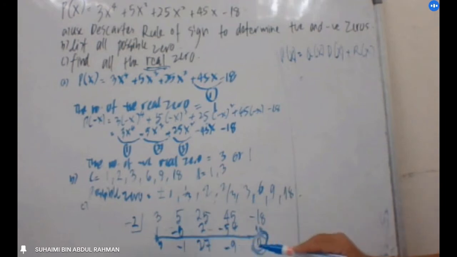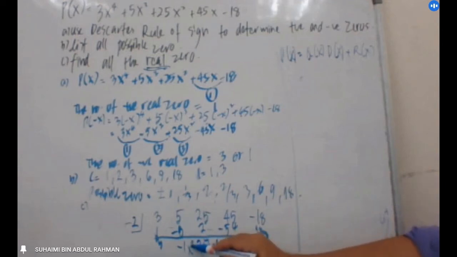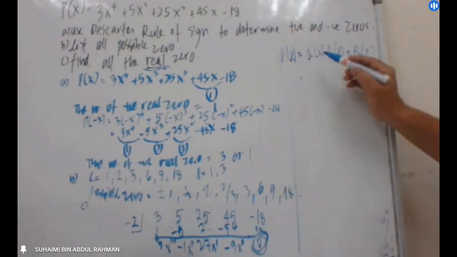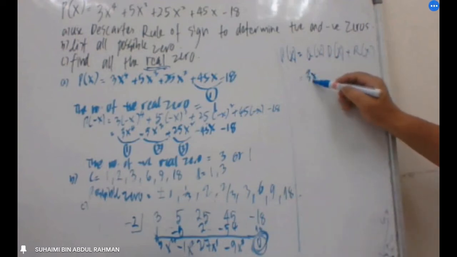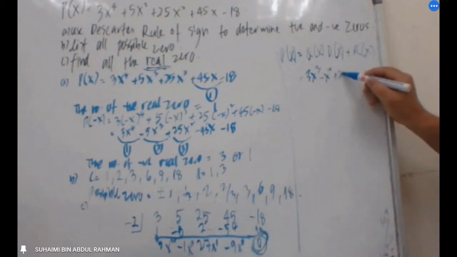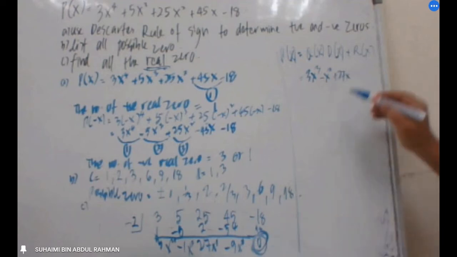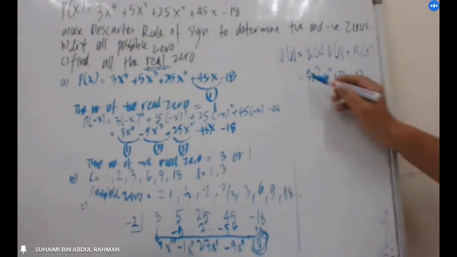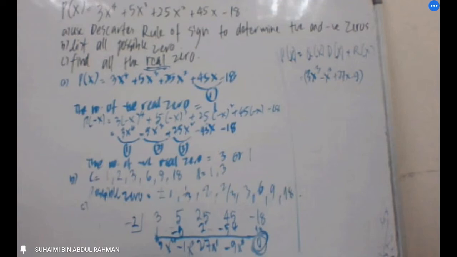On the left of the remainder is our Q(x), starting from x to the power of 0, x to the power of 1, x to the power of 2, x to the power of 3. Therefore, Q(x) is 3x cubed minus x squared plus 27x minus 9. That is Q(x), multiplied by D(x).